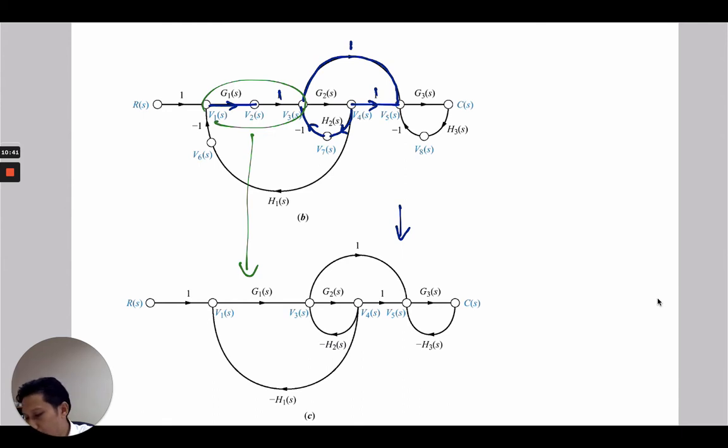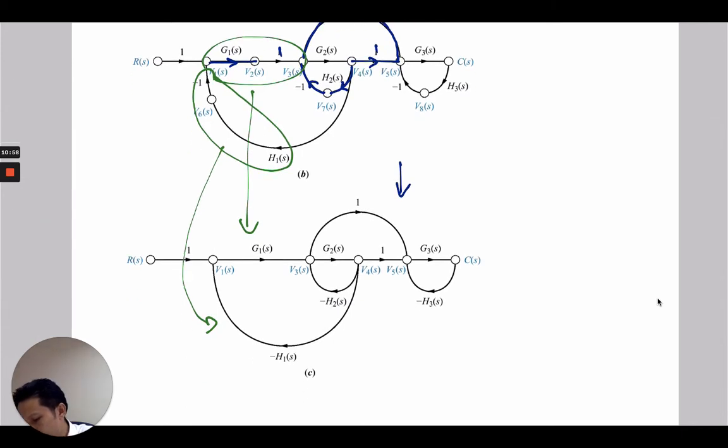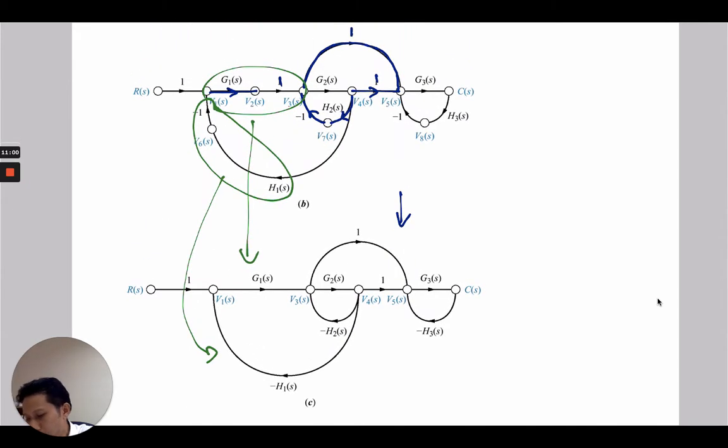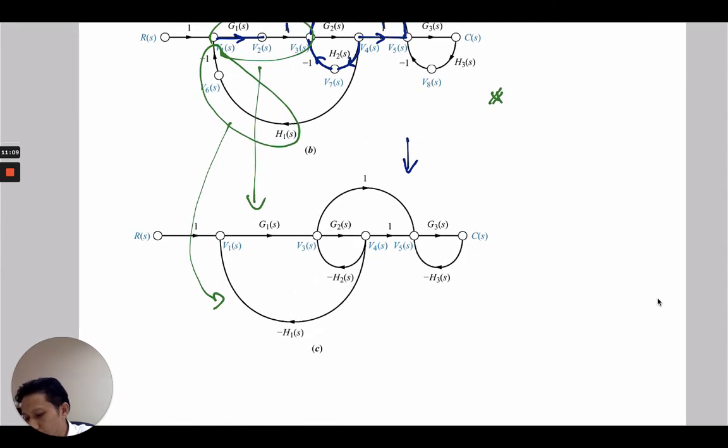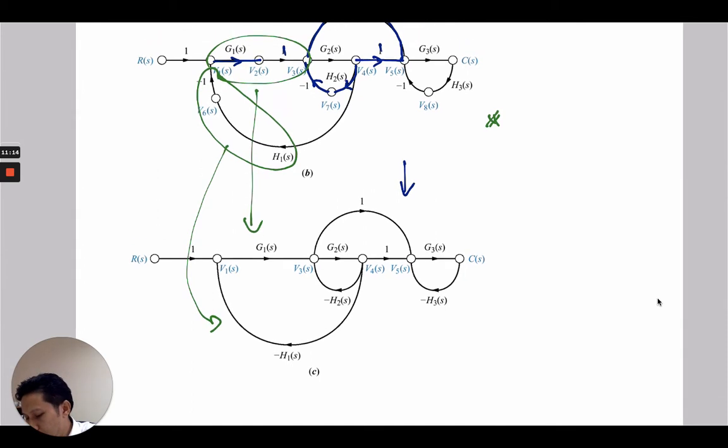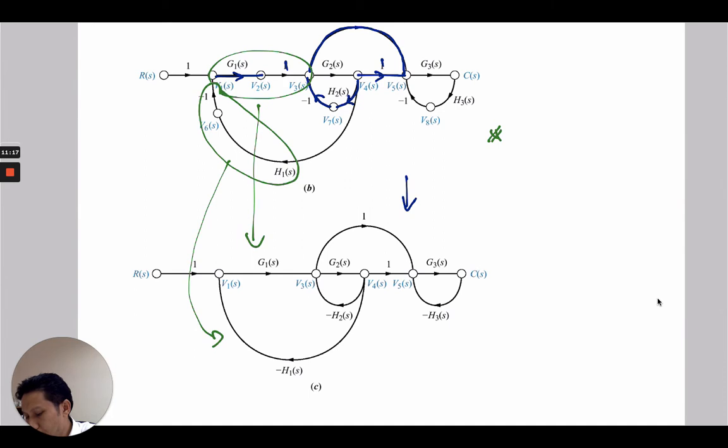And then we multiply H1 and negative 1 between this connection, so what we get is only negative H1. If you have done a few examples, you might want to skip step B and go straight from figure A to figure C, provided that you have sufficient exercise to find where you can simplify the nodes.